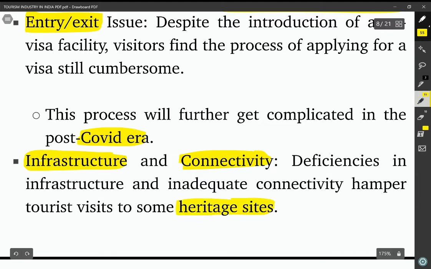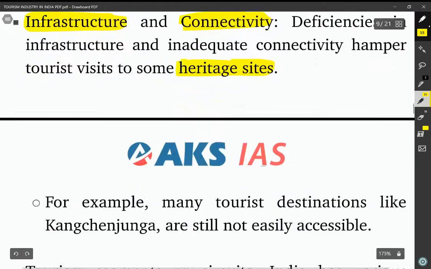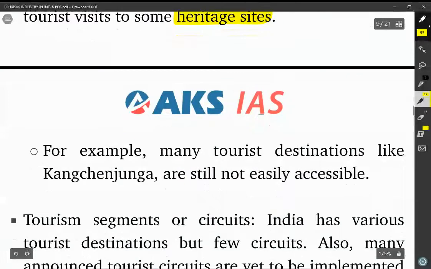As you know, India has rich cultural heritage and local heritage, but a lot of these sites are inaccessible or there is poor connectivity, because these sites of utmost socio-economic and cultural heritage are in rural hinterland or in areas where there is no proper connectivity. So that could also be one of the inhibiting factors. For example, many tourist destinations like Kanchenjunga are still not accessible for tourists.